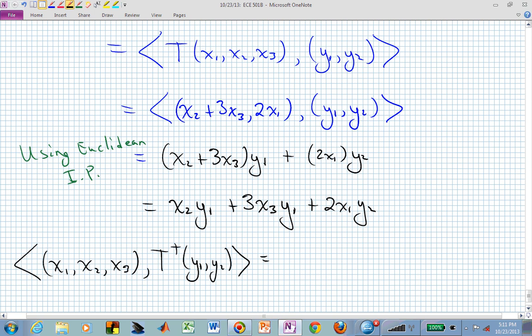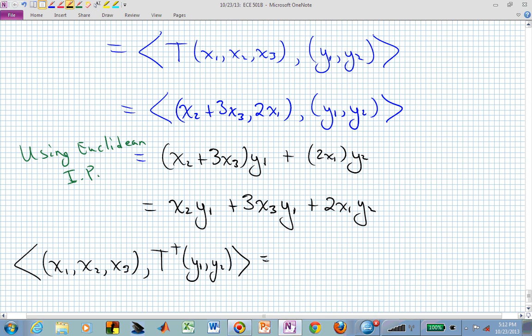So now we want to form, what is it that's multiplying x1? And that's going to be our first coordinate in t dagger of y1, y2. So we look at this scalar. This is now a scalar. And I was in the R's. If I wasn't in the R's, if I was in the complex, I would have had to take some complex conjugates, but I don't have to worry about that. So now I have, what is scaling x sub 1?